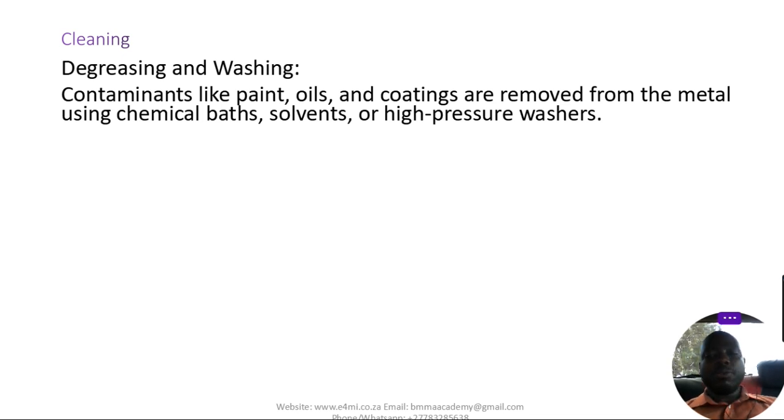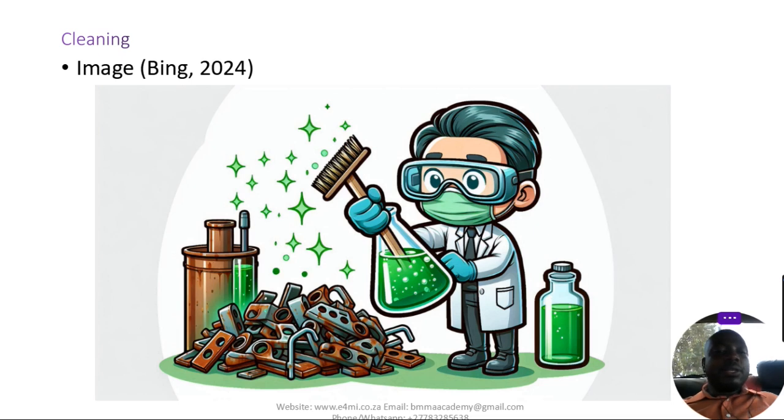After that, then we have to remove the grease and washing, because most metals have contaminants like paints and oils and coatings, which have to be removed from the metal using chemical baths, solvents or high pressure washers. So this is what we are talking about when we are talking about cleaning the metals.